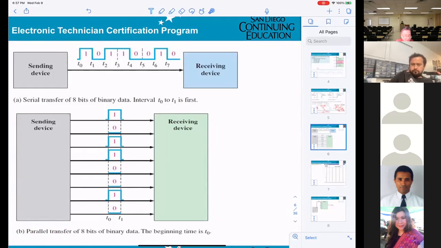Okay, now where are they using parallel? Data transfer in parallel, where? In what circuitry, in what machine, in whatever.